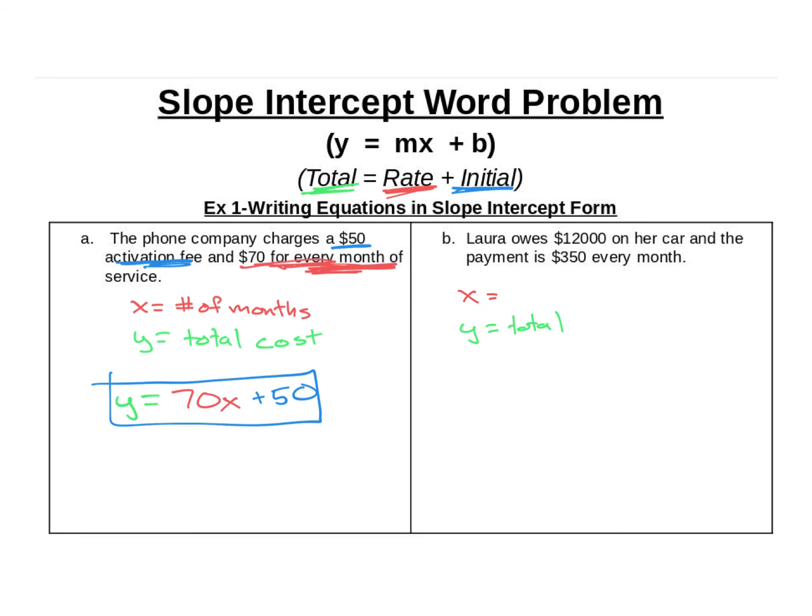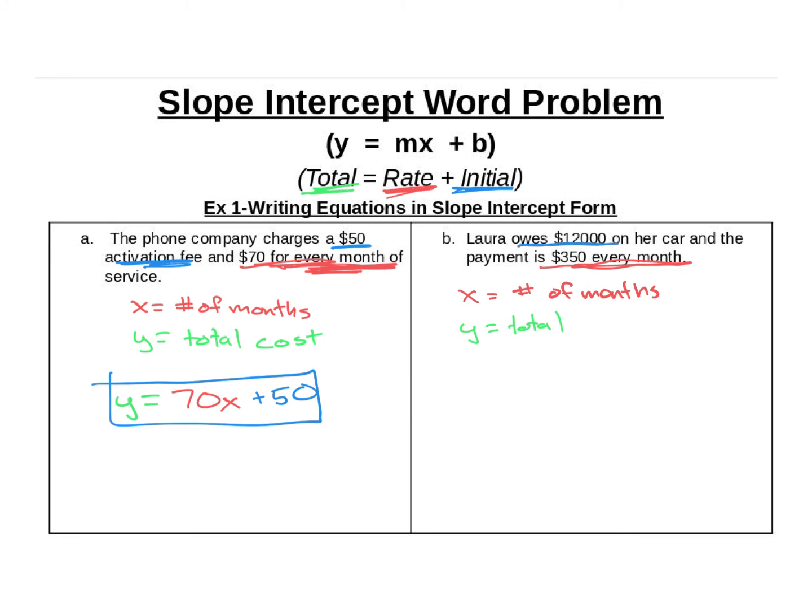Your X, if we look through here, $350 every month, is definitely going to be your number of months. That's going to be your rate portion. And then initially, we're going to owe $12,000.